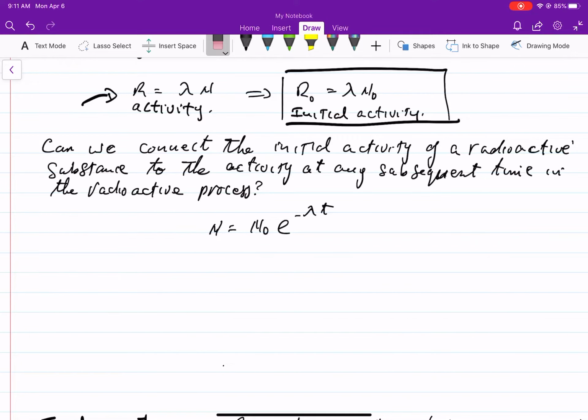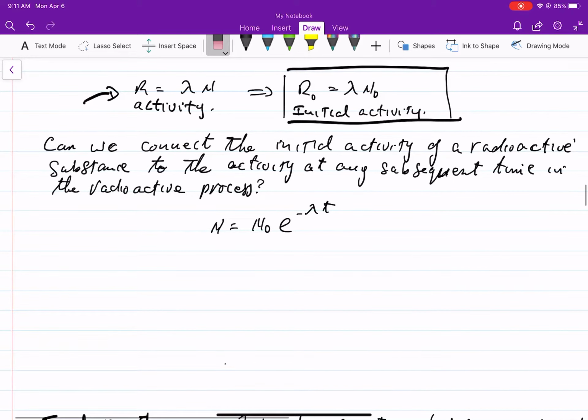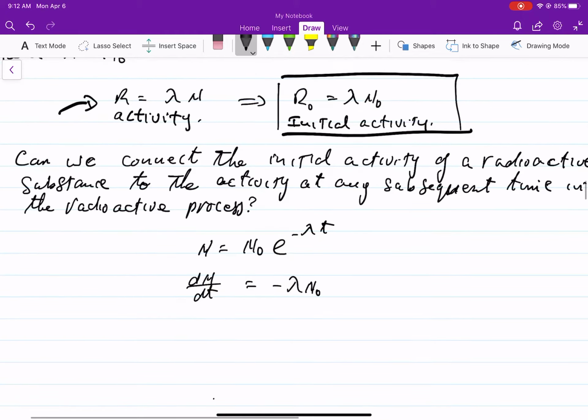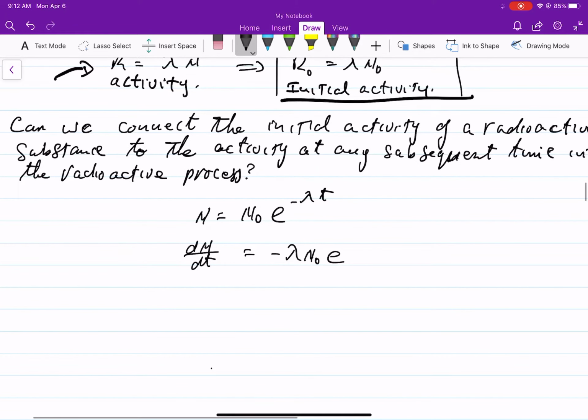And I will differentiate both sides with respect to t. So this becomes dn dt is equal to, everybody knows how to differentiate that. I don't have to give you pointers there. Minus lambda n0 times e to the minus lambda t.